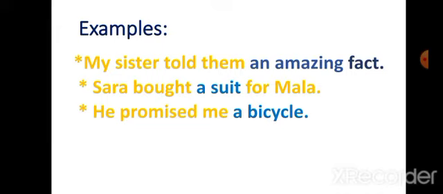If the question what is added to the verbs, we get these objects as the answers. Told, what? An amazing fact. Bought, what? A suit. Promised, what? A bicycle. Such objects are called direct objects.